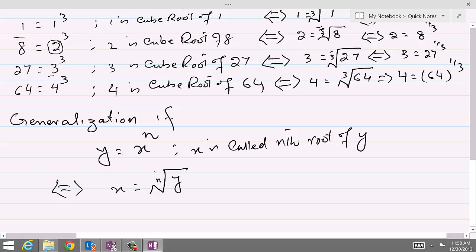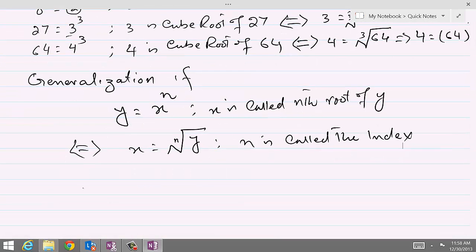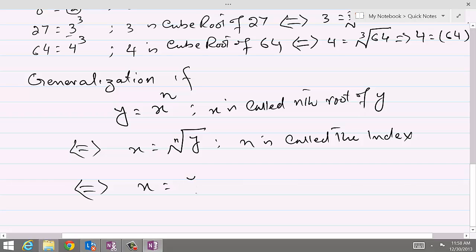Here, what is the index? The index is n. Okay, and n is called the index. Or in exponential form, we can similarly write x is equal to y power 1 over n.